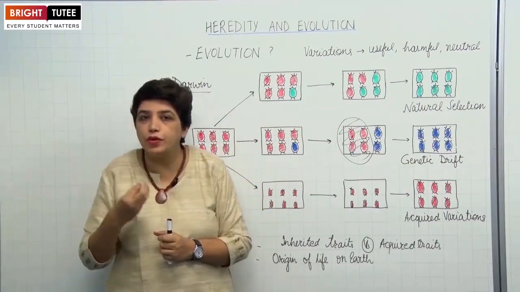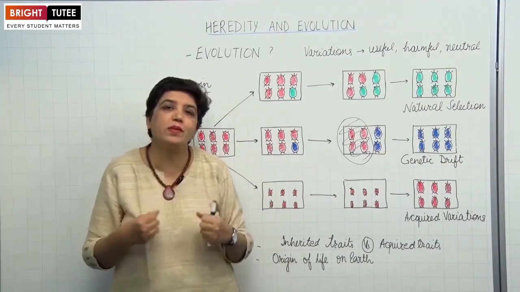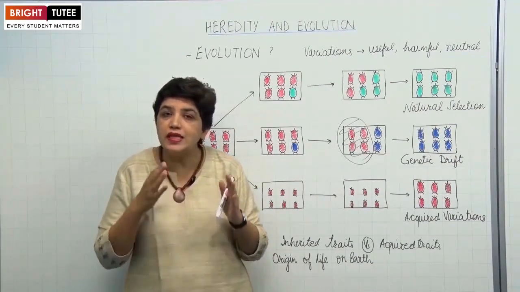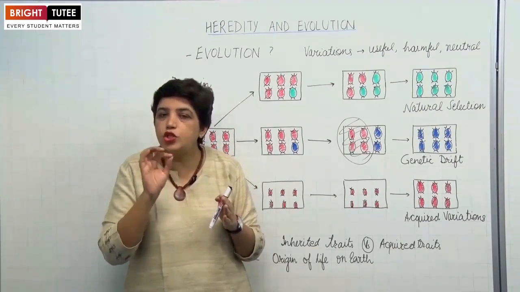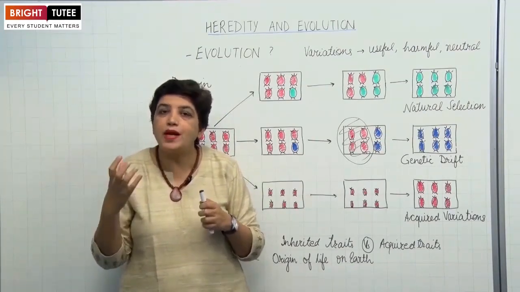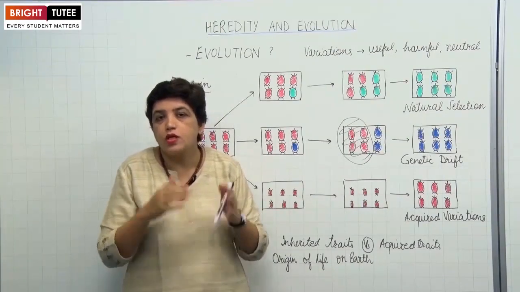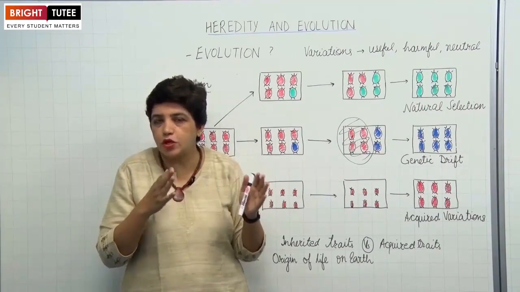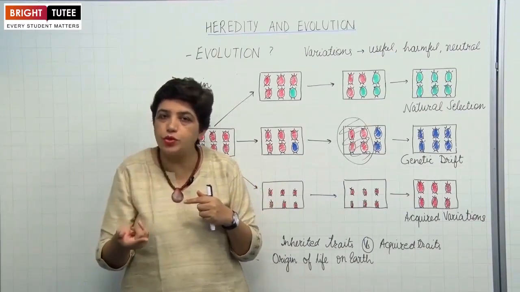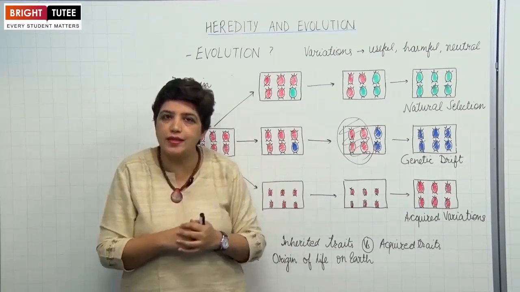You will start having a good diet, you will work on your body, so your body will become muscular. This is an acquired trait. It changed the structure of your cell or the functioning of the cell, but it did not cause any change in your genetic structure. So, this trait, that is the trait of a muscular body, will not be passed on to the next generation. It will disappear after the death of the organism.